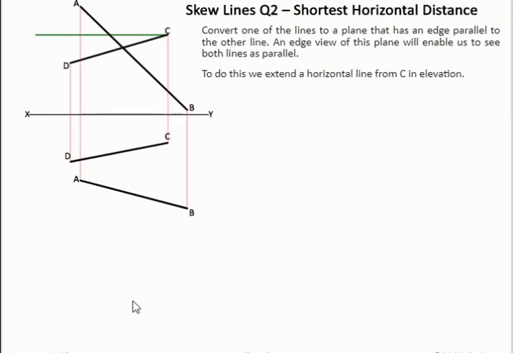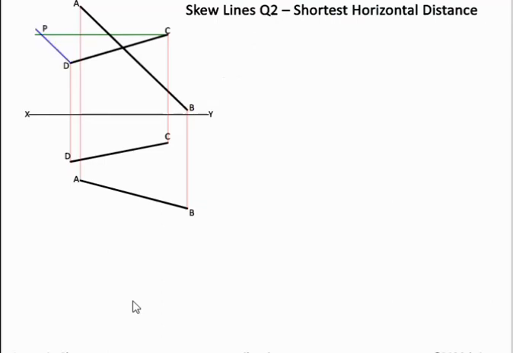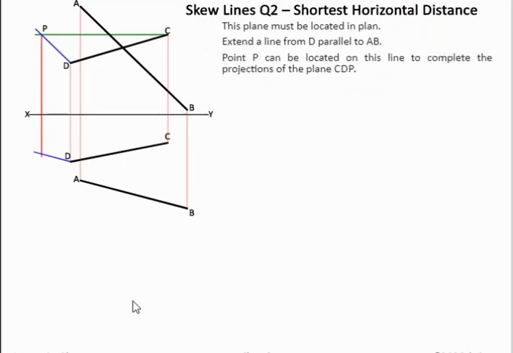This time we take a level line from C, and from D we go parallel to AB. That's our point P found. Bring P down, so from D in plan, parallel to AB again, and then we construct this green line. Because it's horizontal in elevation, it's a true length in plan.